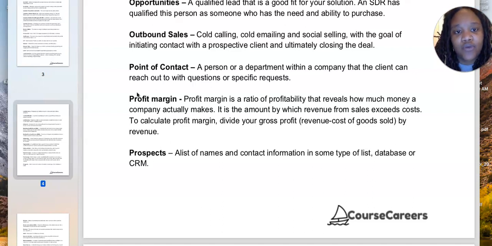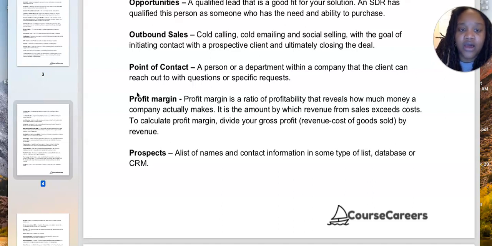Okay, next we have point of contact, which is a person or a department within a company that the client can reach out to with any specific questions or specific requests. This is very, very important in tech sales because a lot of the software being sold at these tech companies is expensive, guys. It's not your average pay $10 a month.